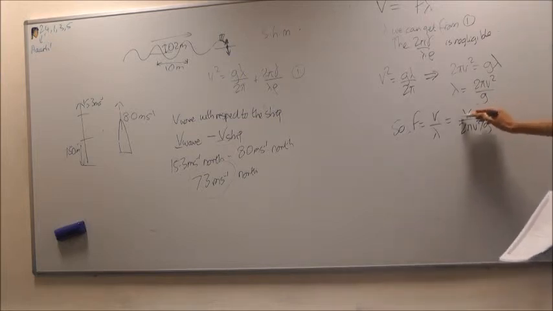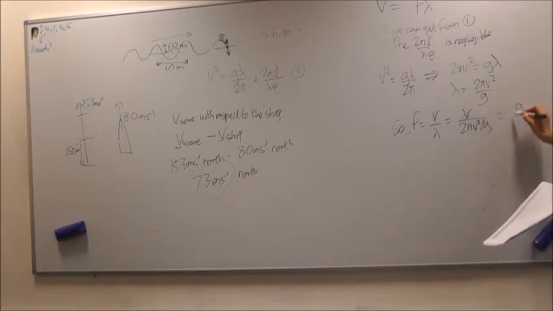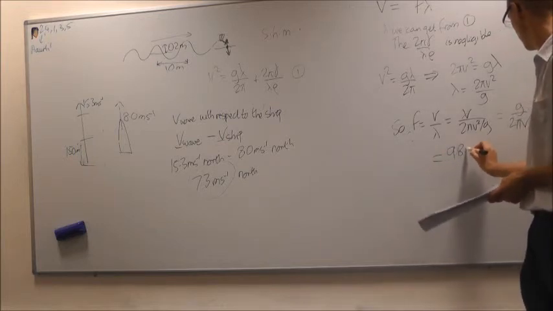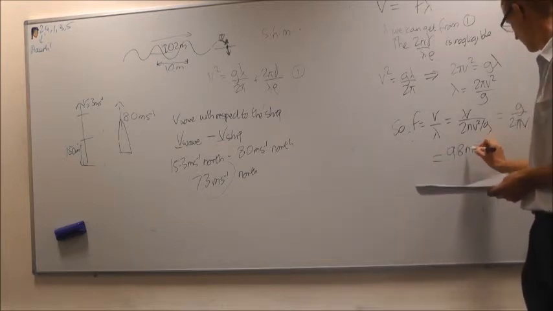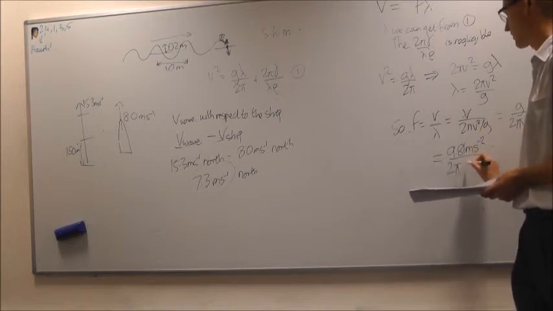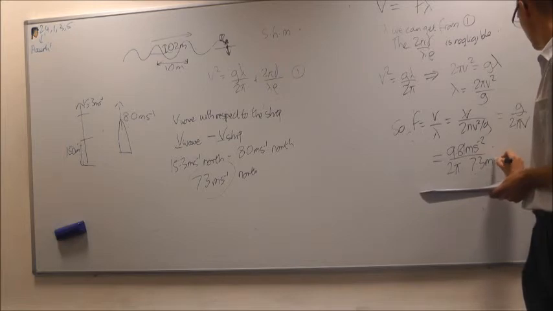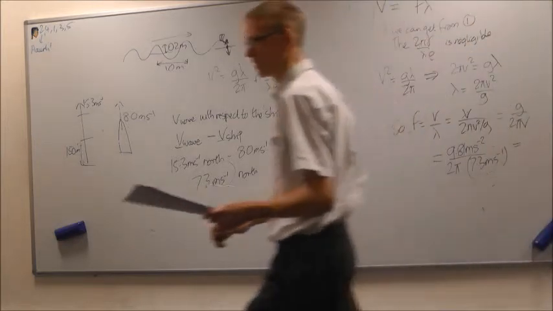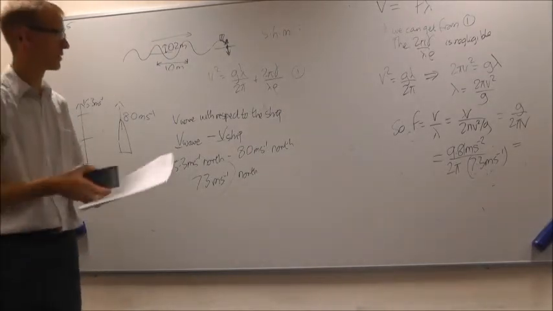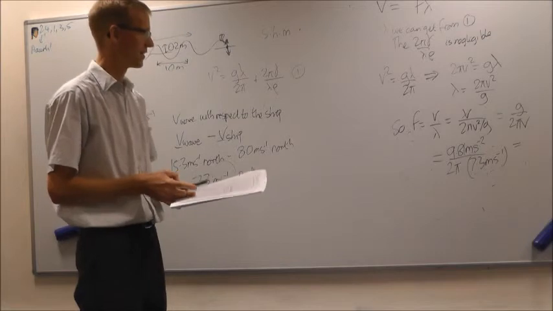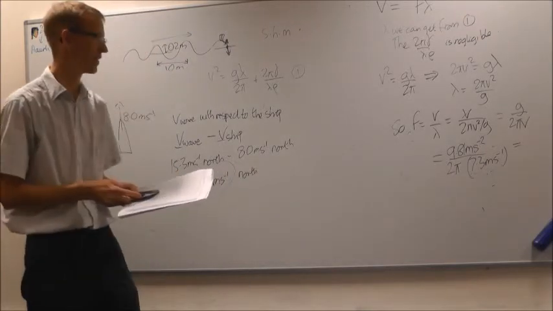Bring the g up, cancel one of those v's, so that's g over 2 pi v. 9.81 metres per second squared over 2 pi times 7.3 metres per second. Quite a smallish number, but that's what you expect on a ship. It doesn't go up and down at several hertz.